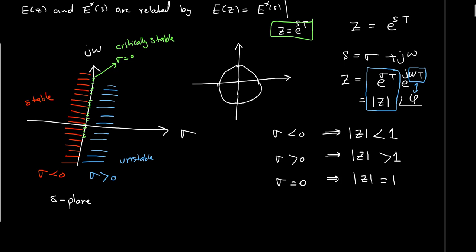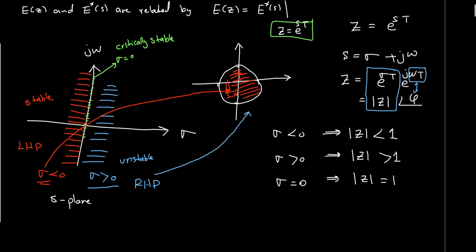So sigma less than 0, which is the left half side of the complex plane, is mapped to be inside the unit circle. Now sigma greater than 0, which is the right half side of the complex plane, is mapped to be outside the unit circle.